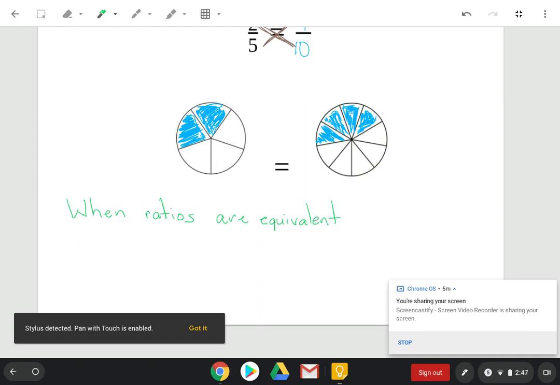So when ratios are equivalent, and here's the big seventh grade word that we need to know, proportional. Okay, so when ratios are equivalent or proportional, the cross products will be equal.